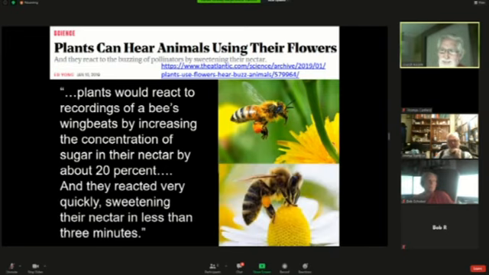Isn't that astounding? That is just absolutely amazing. So the plants sense the vibration caused by the flapping, the beating of the bee's wings, stimulating more nectar, richer nectar. So I wouldn't call it hearing per se, but it is in a sense, because of sensing the vibration.